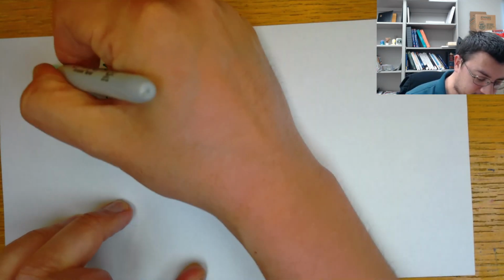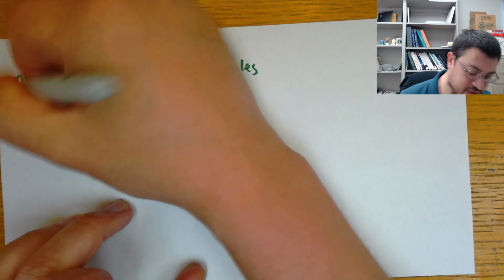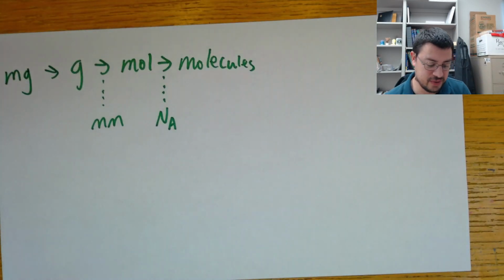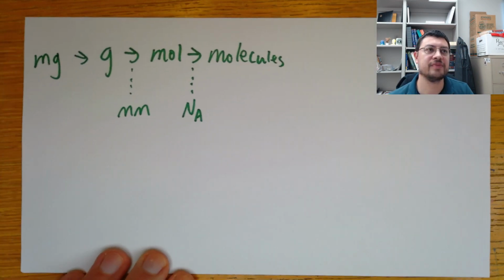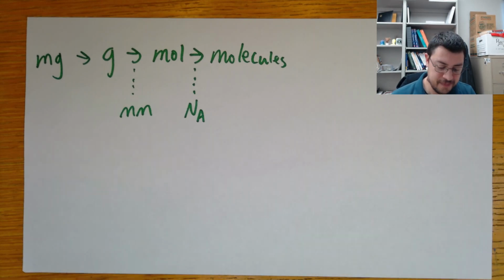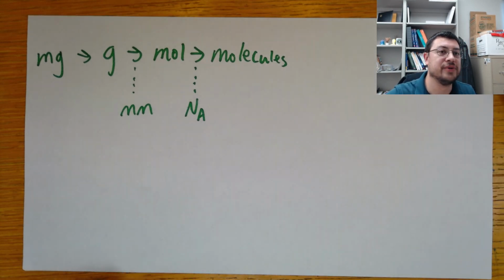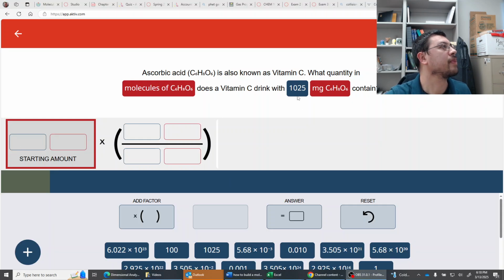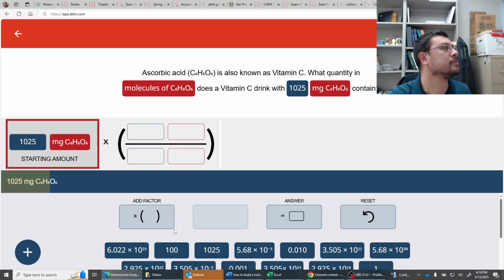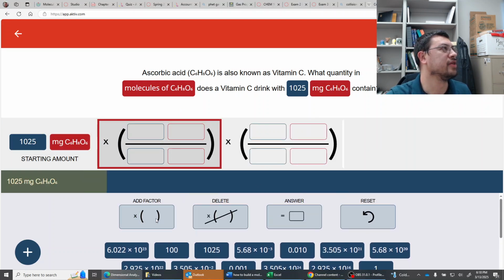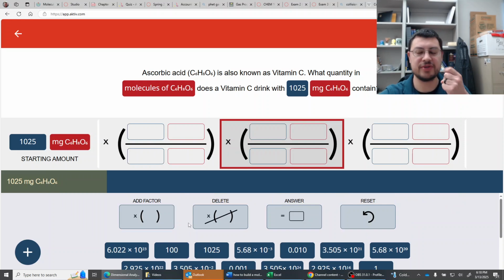Okay, but we have an additional busy work step of having to do a milligram to gram conversion. Okay, all right, so let's put that in the app. And we're going to need 3 factors: milligrams to grams, grams to moles, and then moles to molecules.